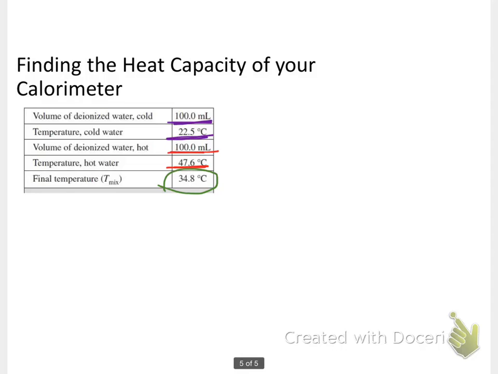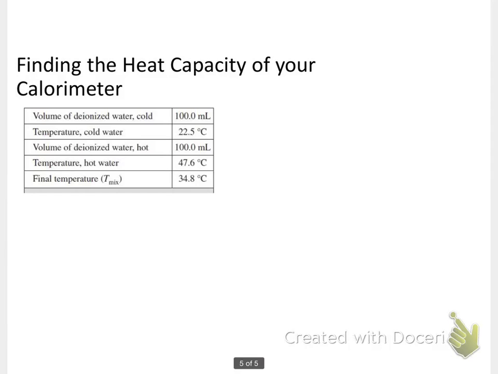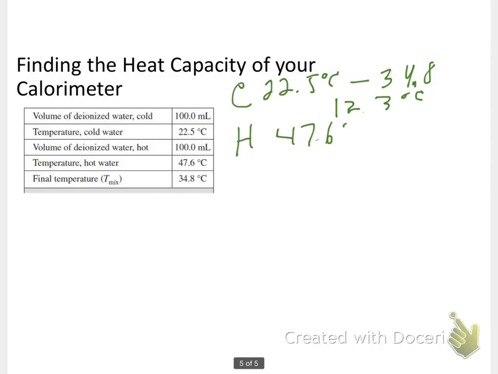The cold goes from 22.5 degrees C to 34.8, which is a difference of 12.3 degrees C. The hot goes from 47.6 degrees C and also ends up at 34.8 degrees C. They end up at the same temperature when they equilibrate, and that is a difference of 12.8 degrees C. Now, if I had a perfect calorimeter, they'd be the same.